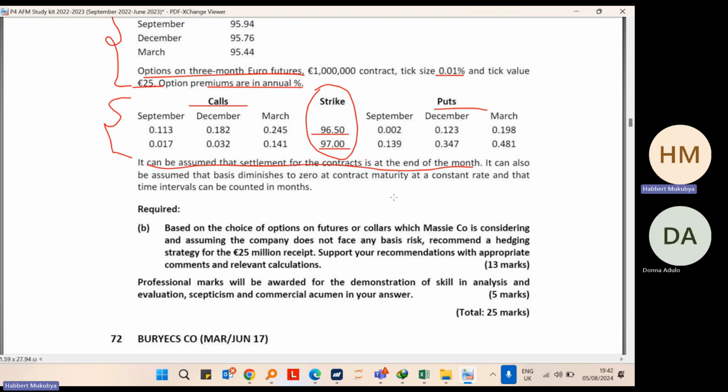And then they are saying that based on the choice of futures, options on futures or collars, Massey is considering, and assuming the company does not face any basis risk, recommend the hedging strategy for the 25 million receipt. Support your recommendations with appropriate comments and relevant calculations. So those are the 2 questions as we have them.